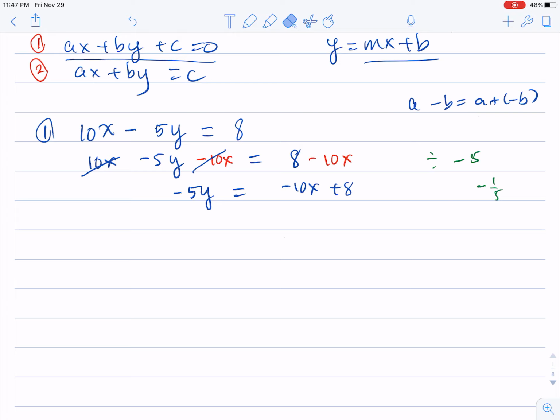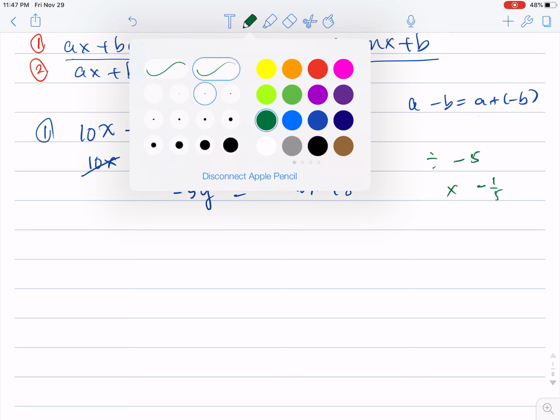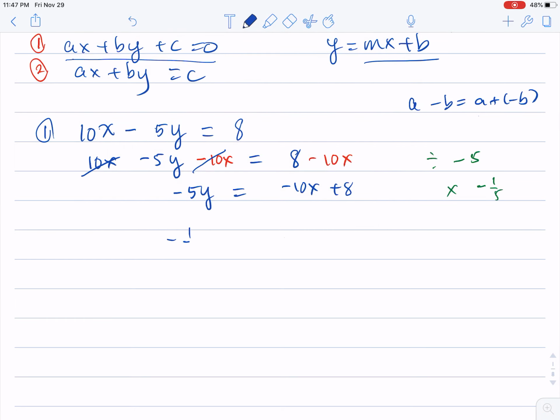So we multiply both sides by negative 1/5. Negative 1/5 times negative 5y equals negative 1/5 times negative 10x plus 8, no? And negative 1/5 times negative 5 is just 1. And 1 times y is just y.